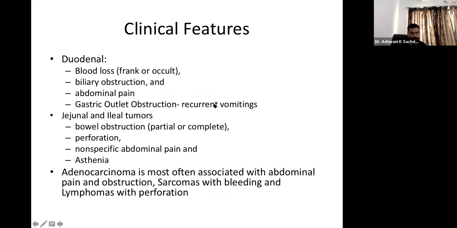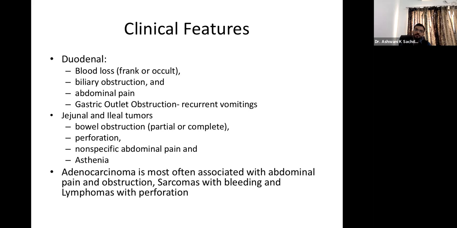What are the clinical features? Duodenal tumors usually present with blood loss, frank or occult, and biliary obstruction if they are at the periampullary region. Abdominal pain can occur, and some may present with symptoms of gastric outlet obstruction in the form of recurrent vomiting.